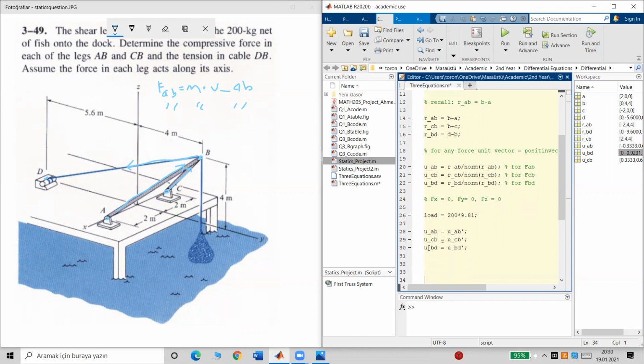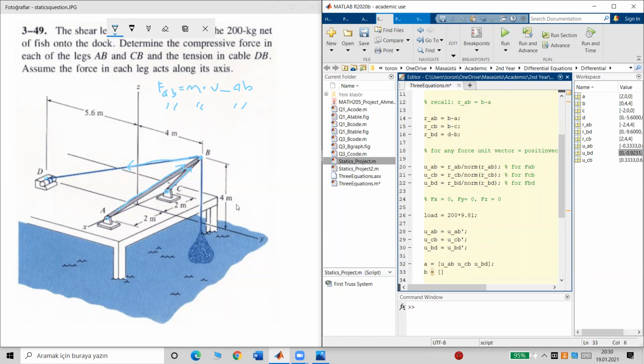Okay. After that, the next step is to create another matrix whose columns are these vectors. Okay, so UAB, UCB, UBD.